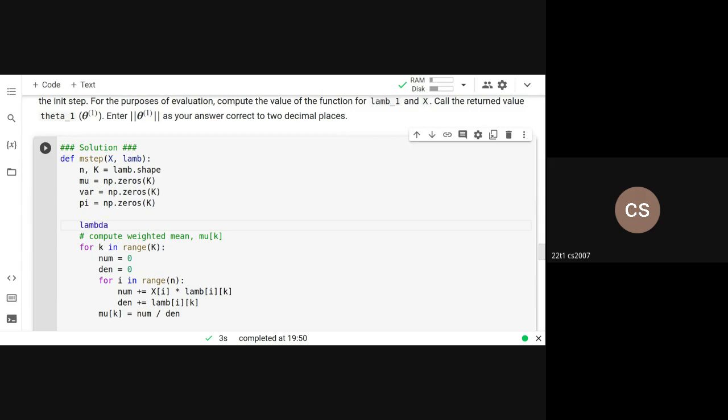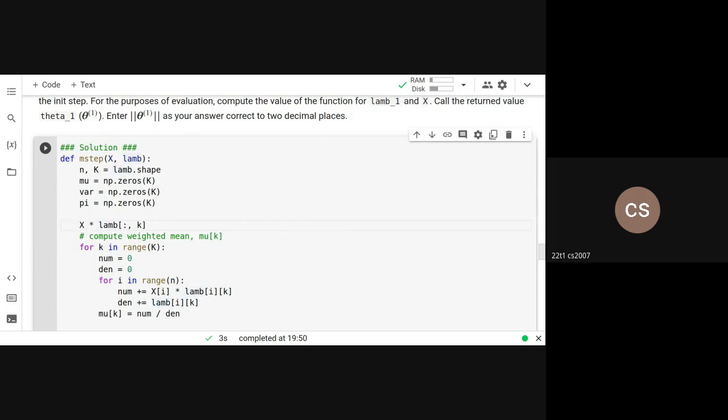You can replace the whole thing with lambda of colon comma k. That is nothing but the kth column of lambda. Remember, lambda is an n by k matrix. So if I want just the kth column, I can just do this. The kth column will have how many entries? N entries, right? So I need to multiply these n entries with x.